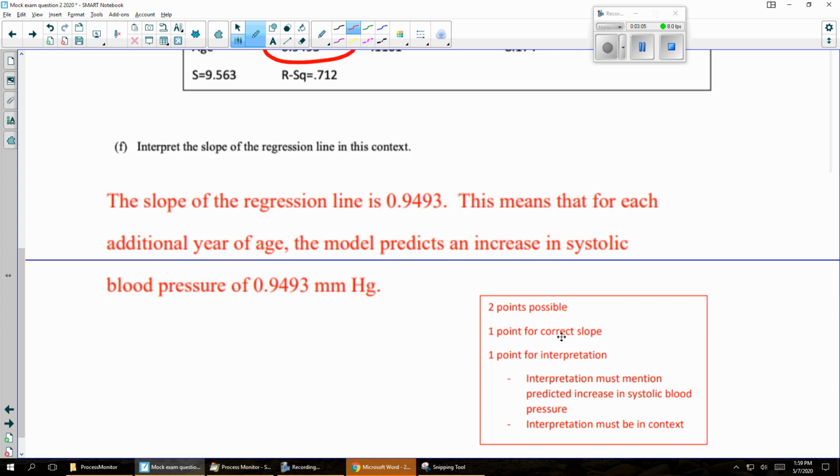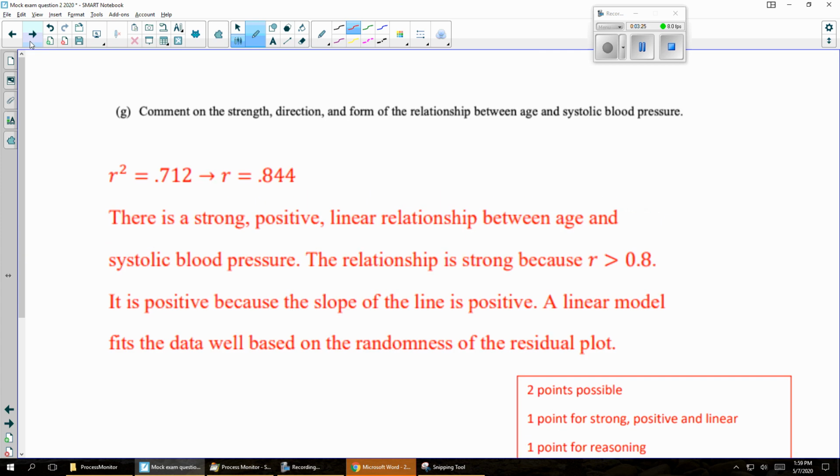You must mention that it increased because we've got a positive number, so up or increases or grows or something like that, and your interpretation has to be right. These bullets were wrong on some forms, so I may have the bullet letter wrong as I'm saying this, and I apologize. It's different than what you've got.